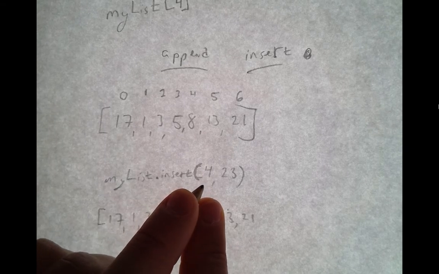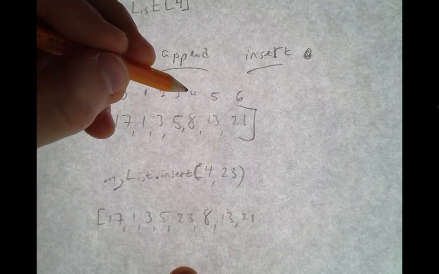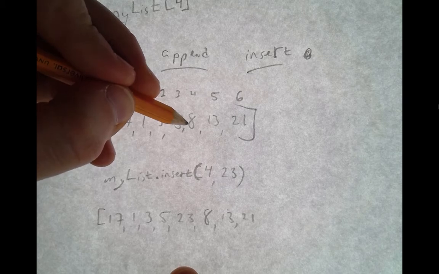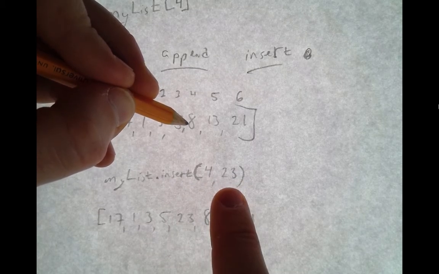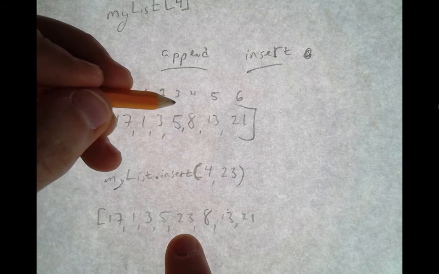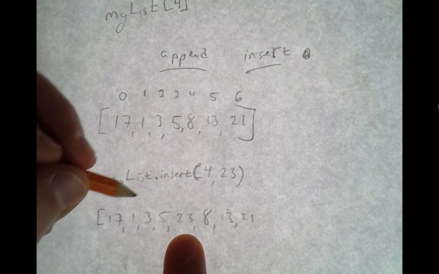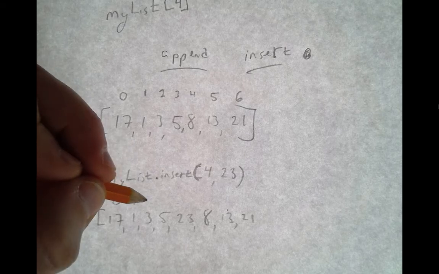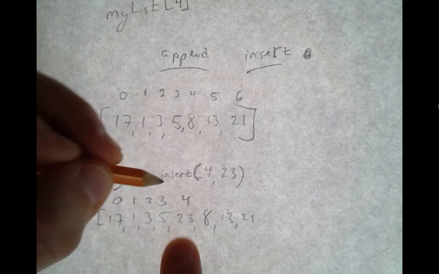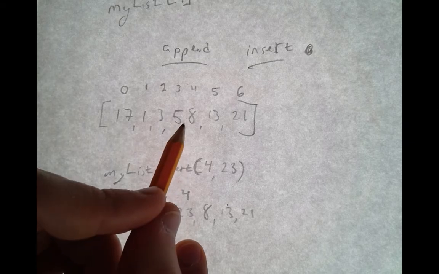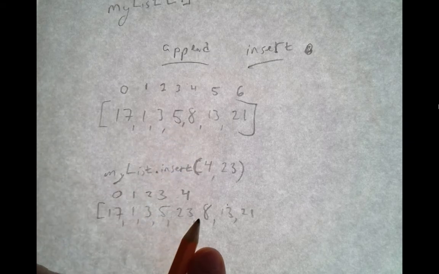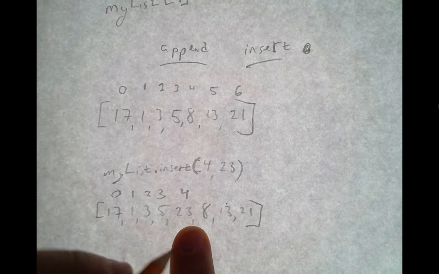This is the index that I'm going to. Go to index 4, which is currently holding 8, and in its place, put this new value, 23. So right after 5, which was at index 3, we now see 23, which is at the new index 4. Everything after that point in the list just gets bumped one index further.